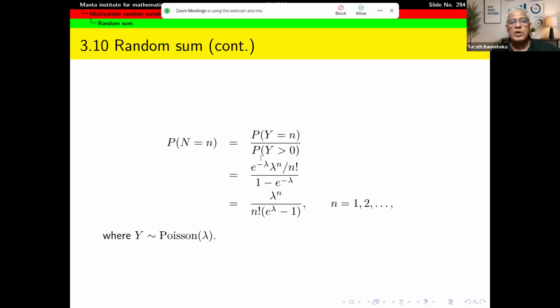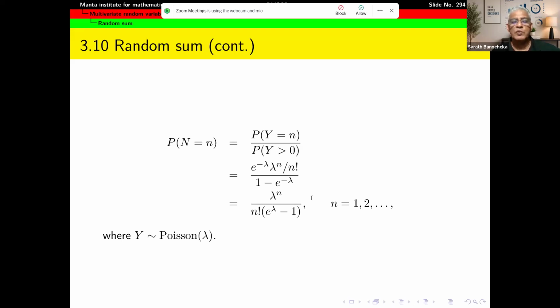So it's going to be the probability y equal to n from my usual Poisson, but the probability y greater than 0 is going to be 1 minus the probability y equal to 0. So this is actually the mass function of the truncated Poisson distribution, where truncation occurs at 0.